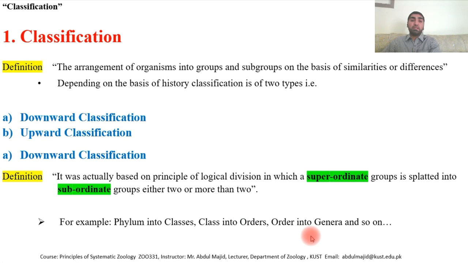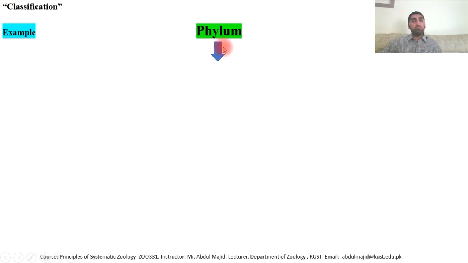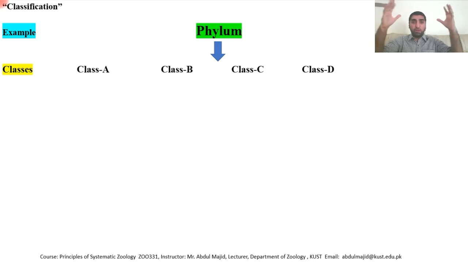Let's take an example. It is not a real example, we will just take a dummy example. For example, there is a phylum, name it whatever, say phylum XYZ. Then you divide this huge group into smaller groups.